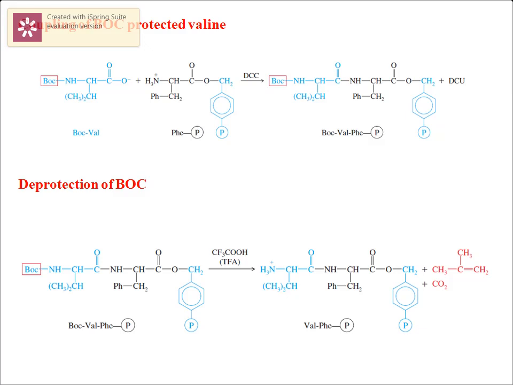The coupling reaction takes place inside the syringe. The COOH of the BOC-protected valine reacts with the free NH2 group of the phenylalanine immobilized on the solid support. So you get a dipeptide on the solid support, which contains a BOC-protected terminal NH2 group. After the reaction, you push out the solution from the syringe.